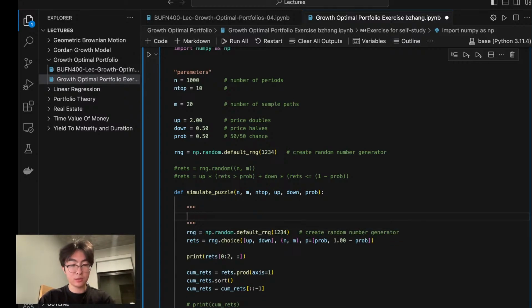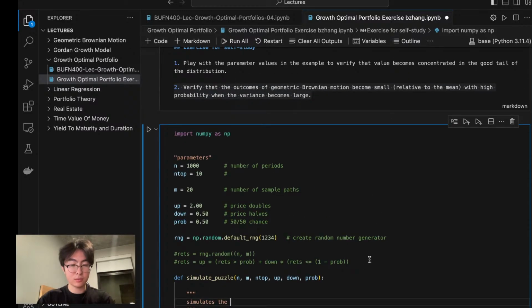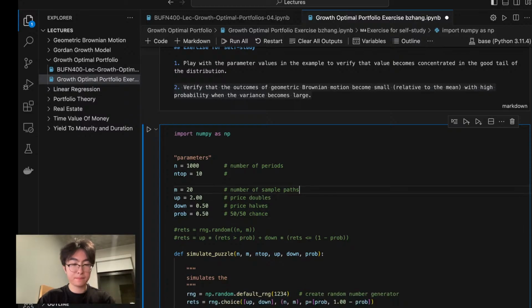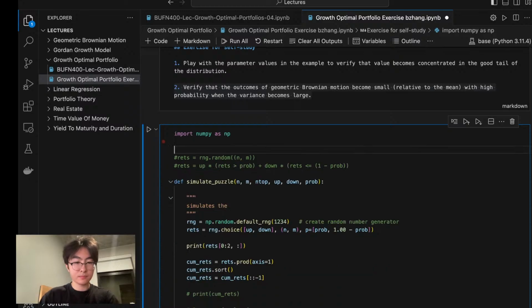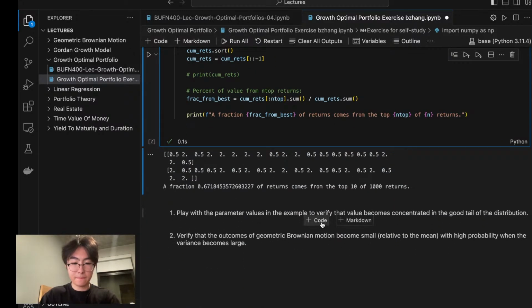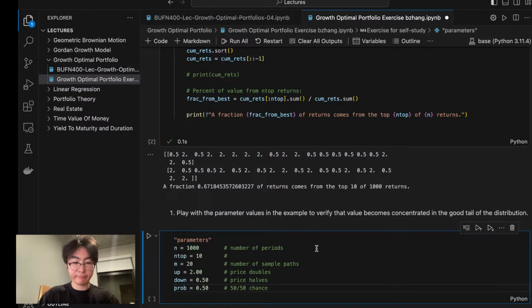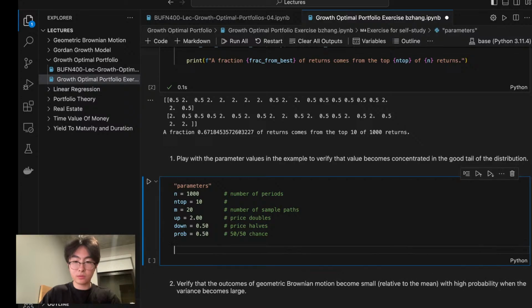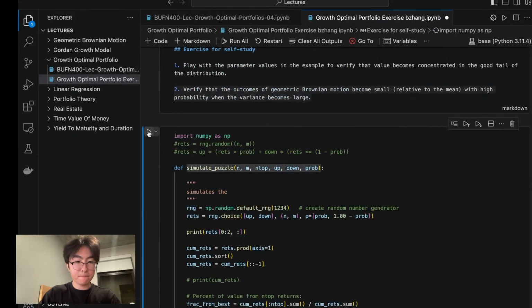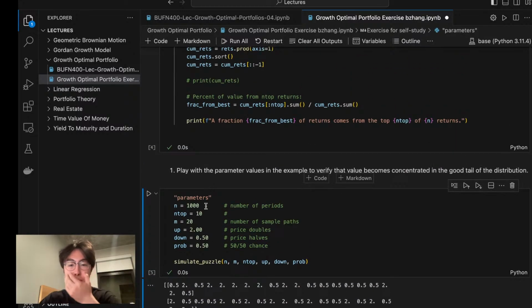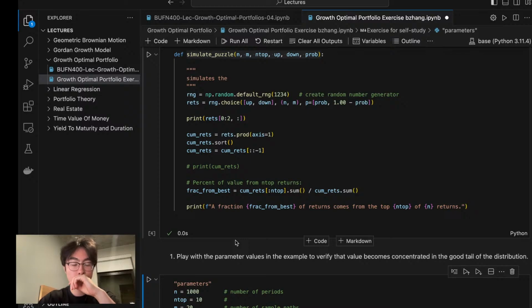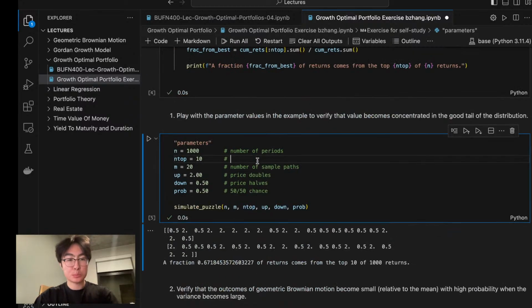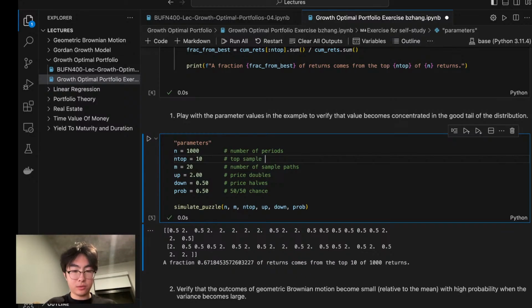Simulates the puzzle. So we'll call this top sample paths.